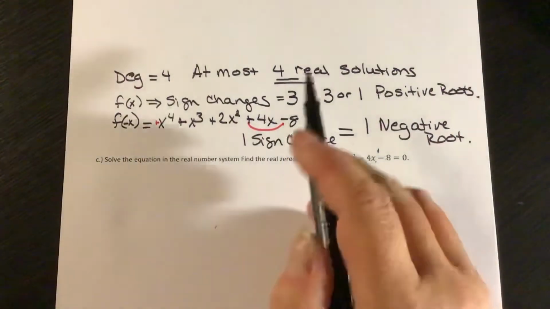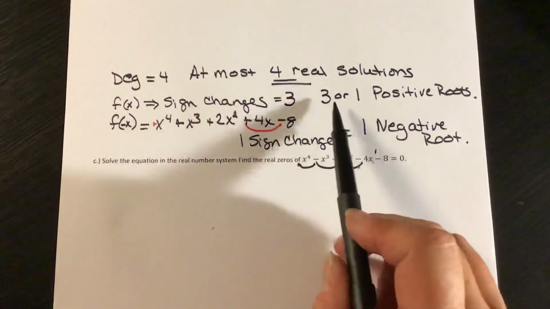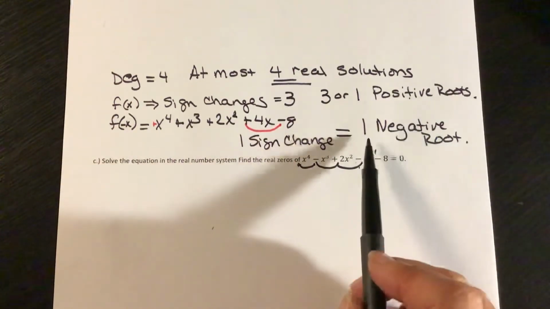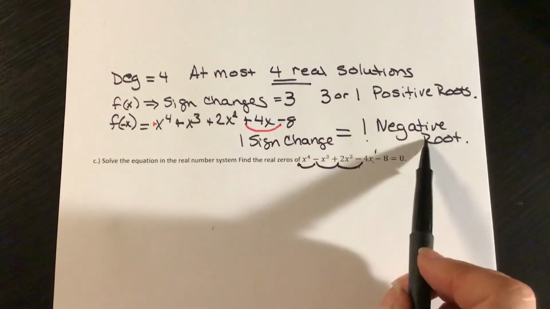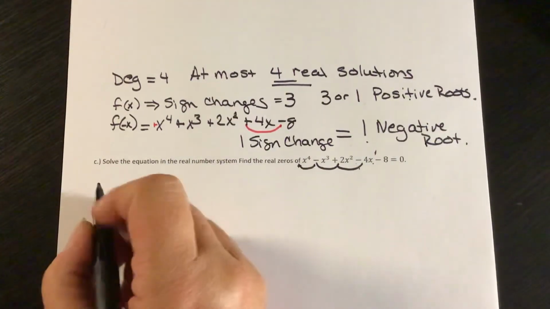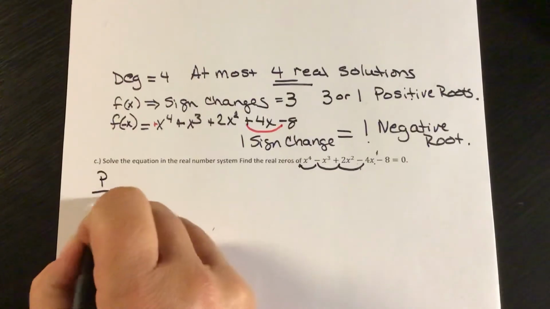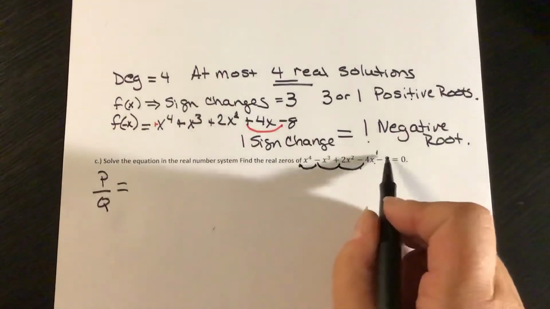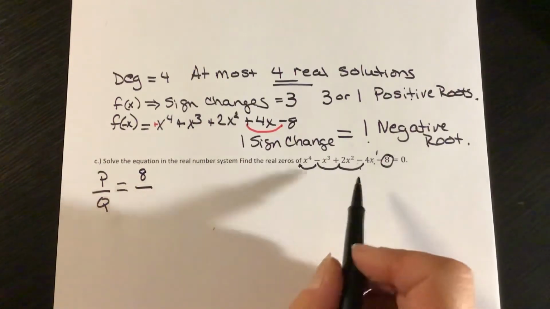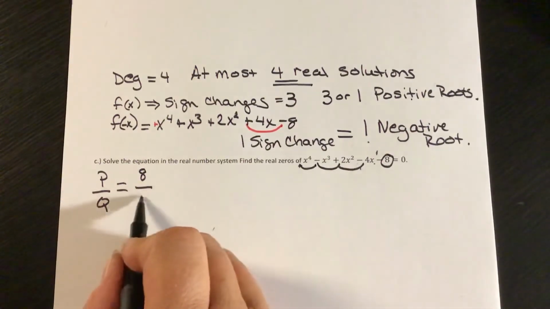All right, so I can have at most 4. 3 of them or 1 of them could be positive, and then 1 of them is negative. So if I look at my P's and Q's now, my P value is 8, and I need factors of 8. My Q value is 1.